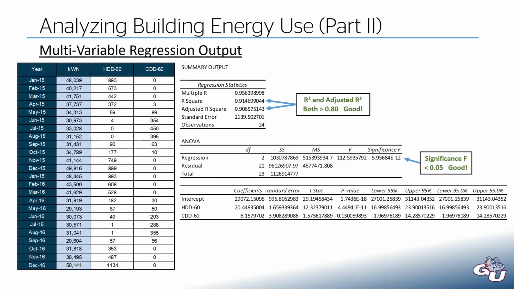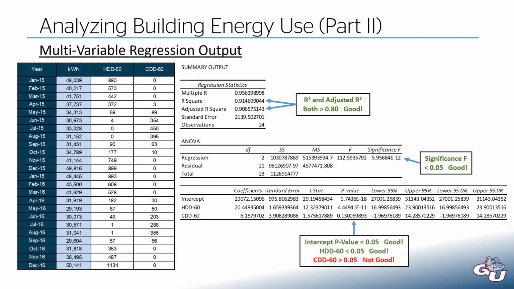And what's the chance that those variables as a group are not affecting the output? Well, 5.95 to the negative 12th power, that's a pretty low value. It's extremely low. So that gives me high confidence that I can predict the usage based on those variables.